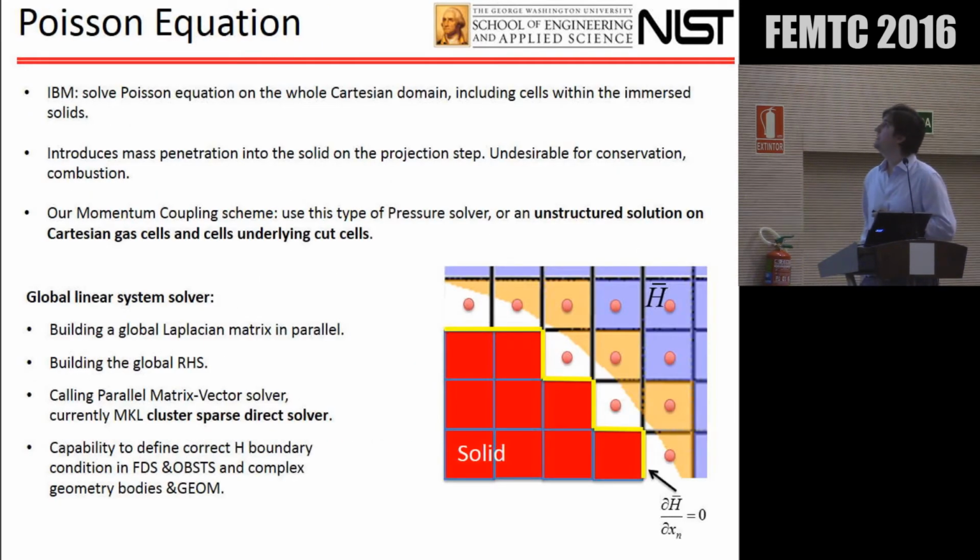So this is just a comment. The immersed boundary method in general is a method that has been developed to work with legacy codes. Legacy codes in general are fast codes that use finite difference or finite volume methods in structured grids.